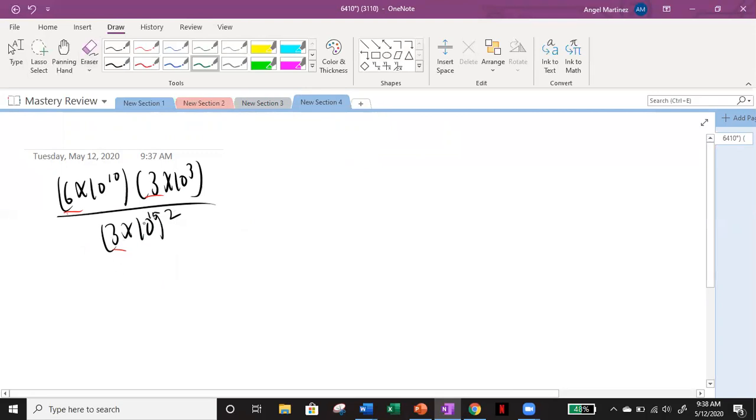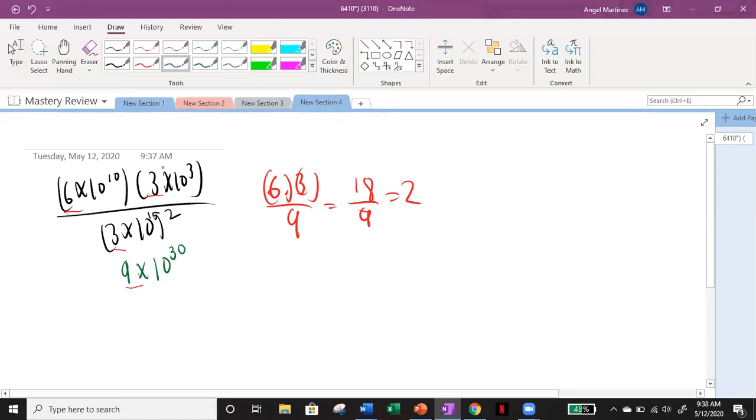So 3 to the power 2, we know it's going to be 9, and 10 to the 15 times 2 is 10 to the 30. So now we only have the whole numbers without the exponents. We just exponentiated what's inside here. So now we can do the whole number things. So 6 times 3 divided by 9, we get 18 divided by 9, which this time is 2.